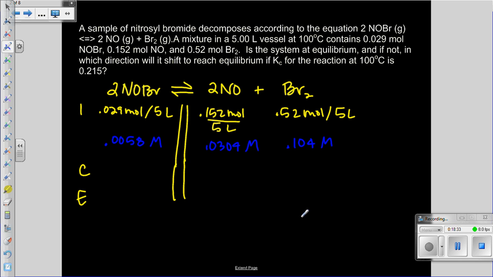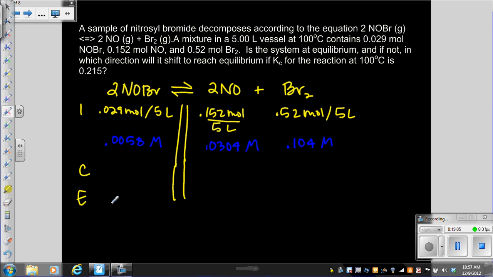Okay, so looking at this, I don't know which way it's going to shift because I have concentrations of all three initially. So this meets the qualifications for using Q because I don't know the direction of the shift. Can't predict that because I don't have any zeros. I've been given all initial concentrations. I don't know if we're at equilibrium or not, and so Q is going to be that predictor, which is going to let us know which way the reaction is going to shift.